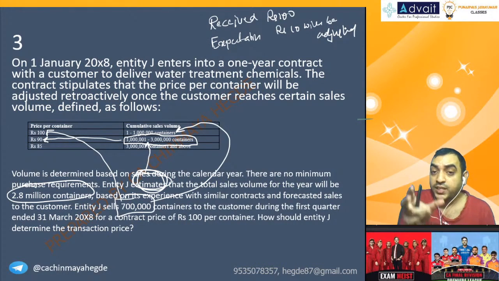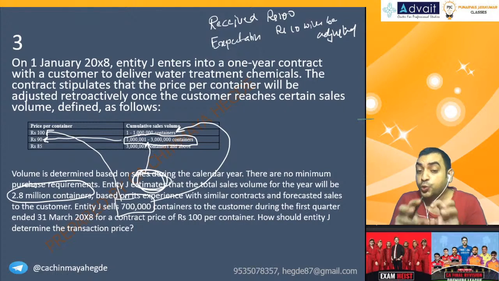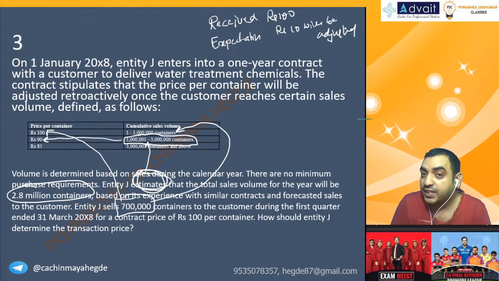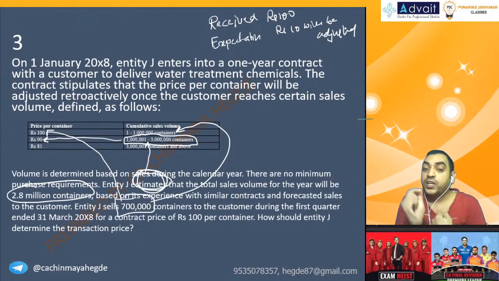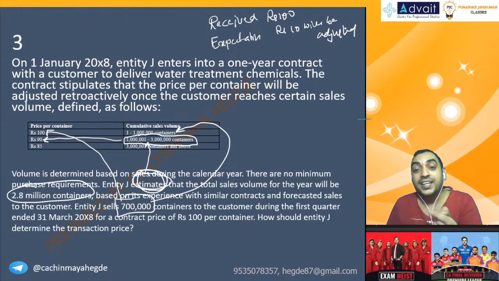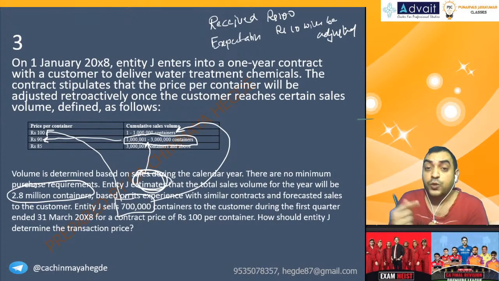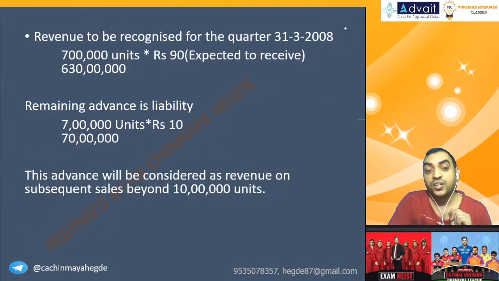So against the units of 7 lakh you sold, you received 100, but in your expectation you are entitled to receive only 90 rupees. So 10 rupees is the additional amount you received, which will be adjusted later and treated like an advance.